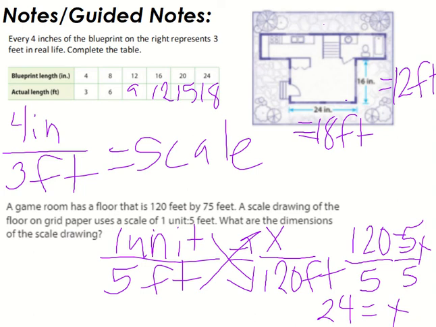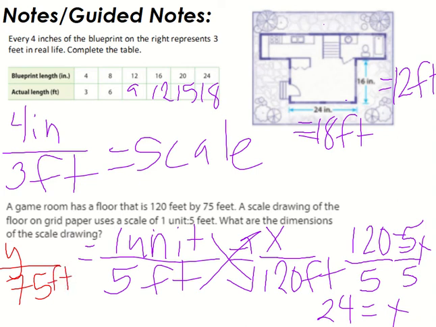Okay, so I'm going to set up the other one. I'm going to put it over here. I'll even do it in a different color. So we're going to do, let's say, y over 75. And what I want you to do is figure out what is y. What is the other measurement?